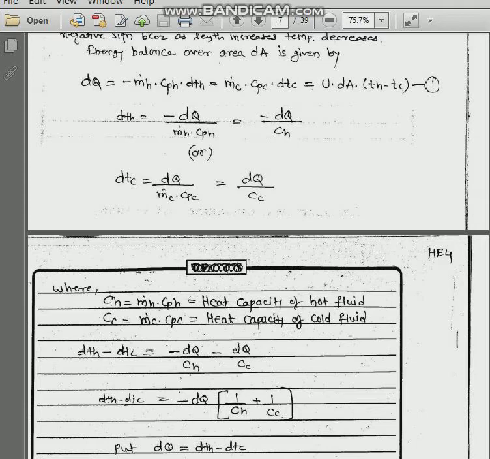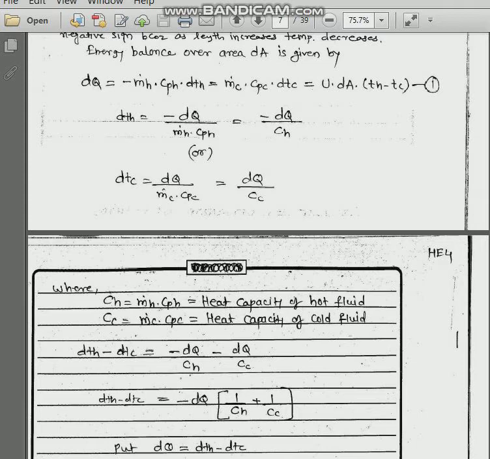Of course this negative indicates heat is lost by the hot fluid, so minus m dot h into Cph into dTh is equal to m dot c into Cpc into dTc.